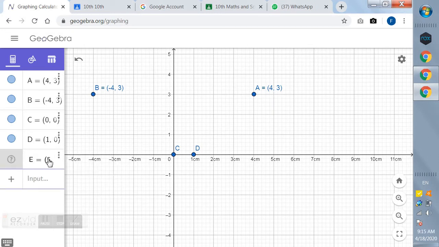We'll make it (5, 4). This is E. So its value on the y-axis is 4, and its value on the x-axis is 5. Same way, I can enter a point which has x as -5 and y as +4.